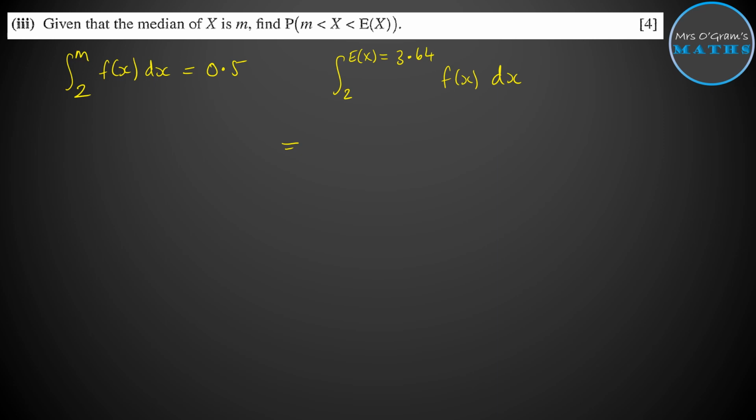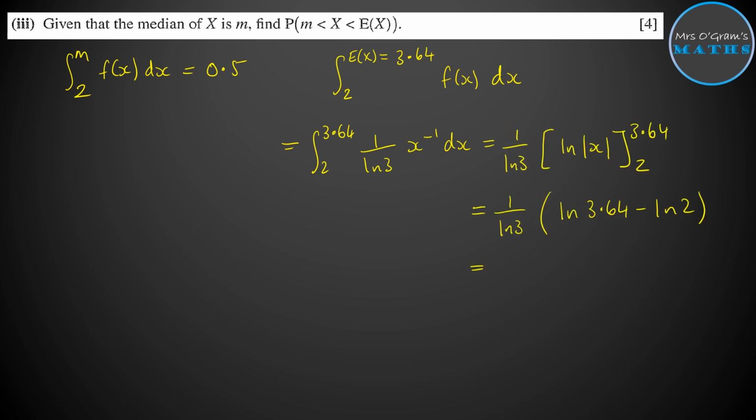So that integral there, we've got 2 to 3.64 of 1 over log 3 x to the minus 1 dx. And then evaluate, and that comes to 0.5451.